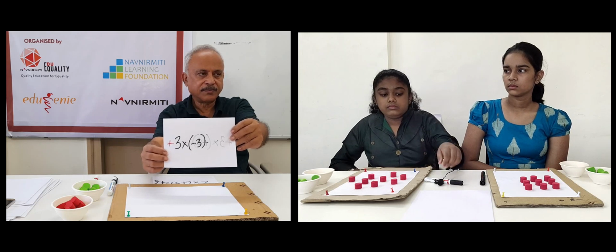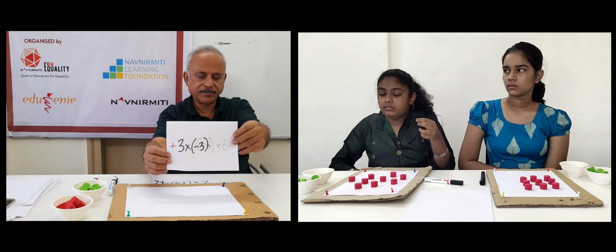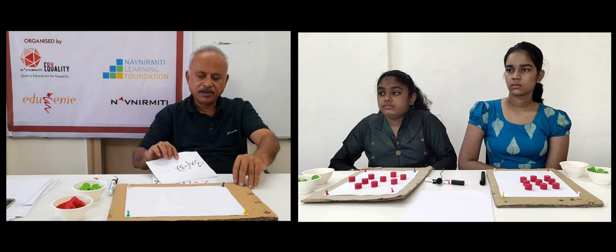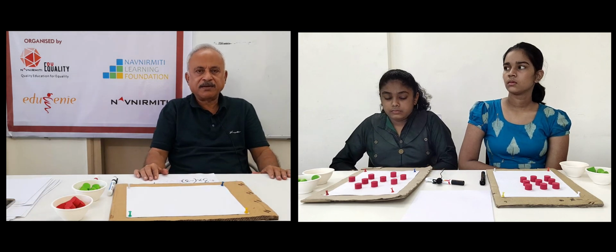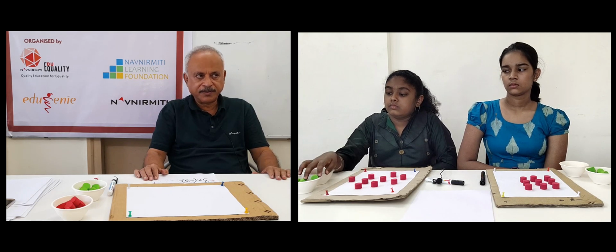What is your answer? Negative 9. Good. So now I think we understand how to multiply by a positive number.